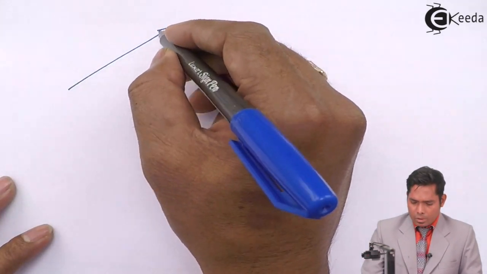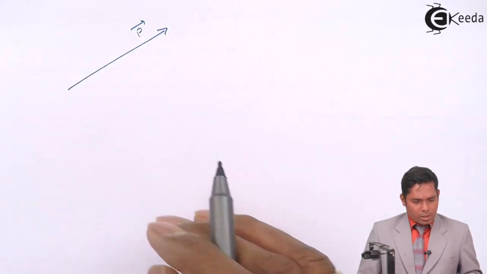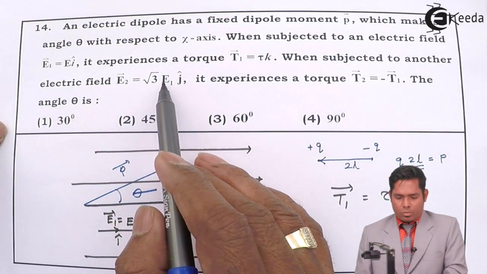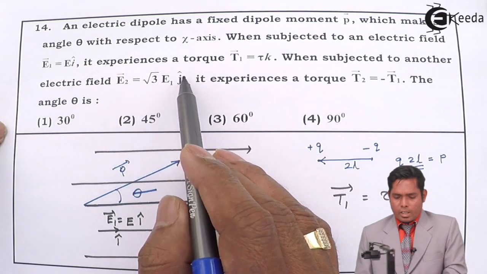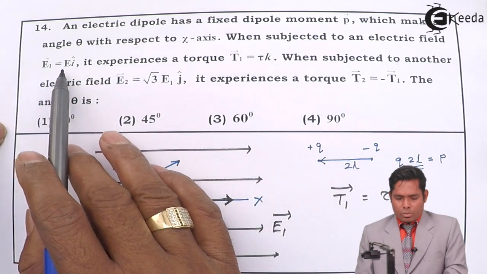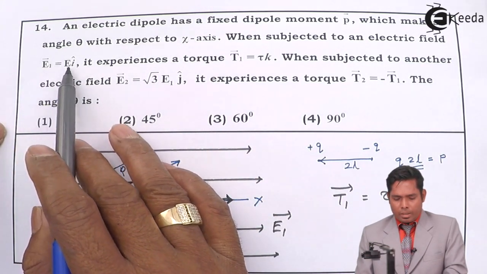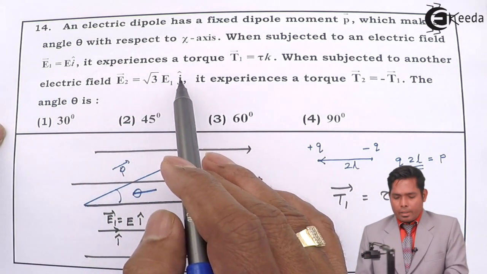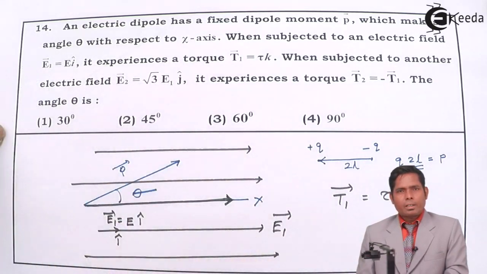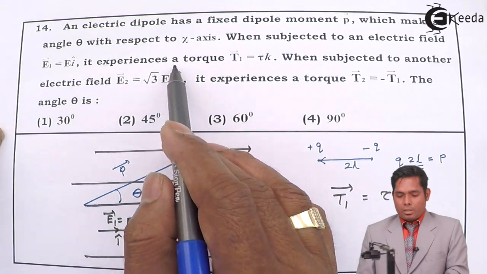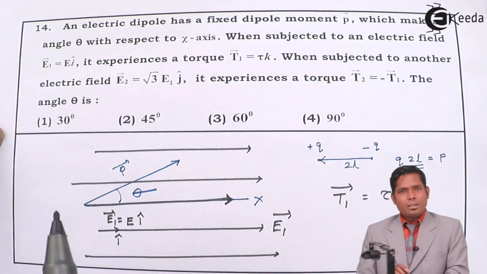This dipole here is P. The question says that when subjected to electric field E2, in the j cap direction, its magnitude is root 3 times E1. The earlier magnitude was E for the E1 vector, and here the magnitude is root 3 times E, acting in the y direction, whereas the first was acting in the x direction.